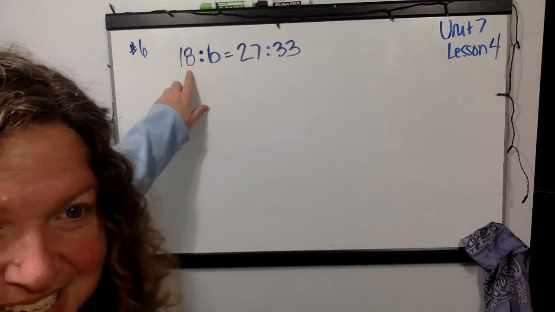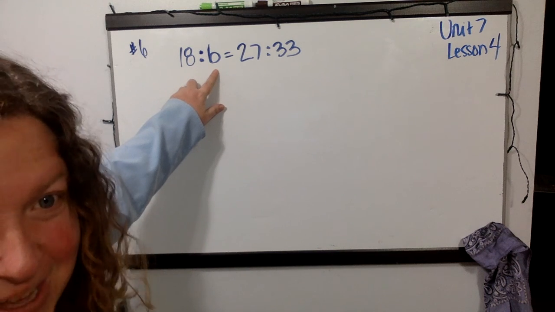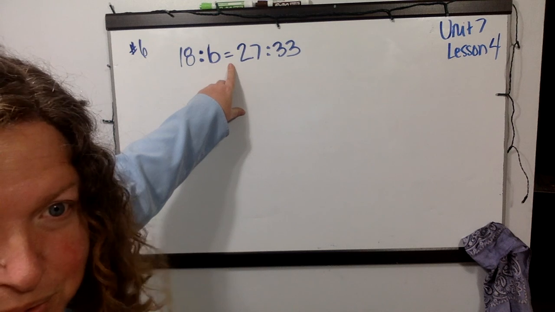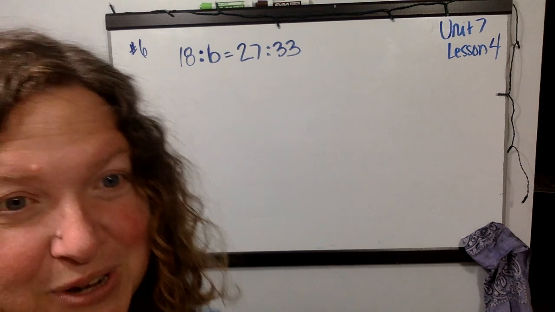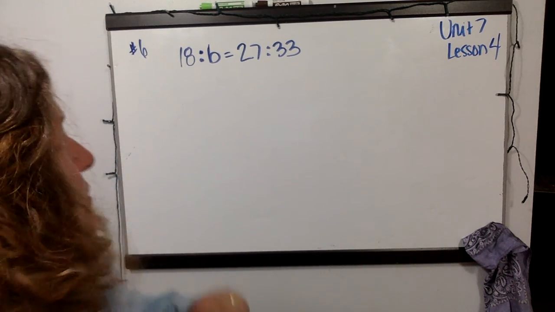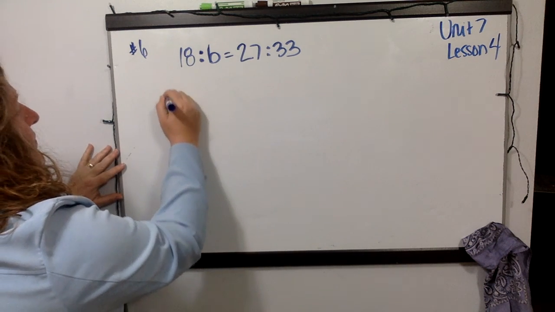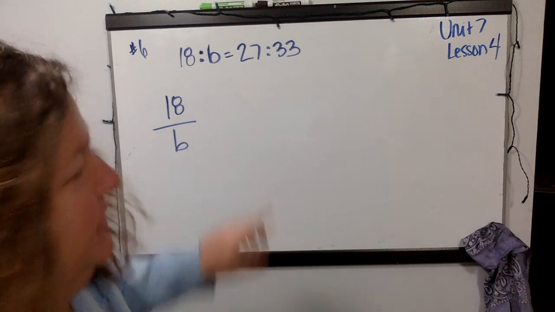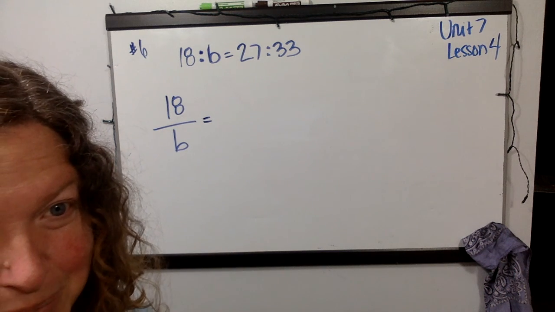We've got 18 to b, remember we read the colons as "to", just like a ratio. 18 to b is equivalent to 27 to 33. So we are going to have to set it up as a proportion, and we could set it up as a factor puzzle too. So 18 to b, how are we going to write that? 18 to b is equivalent to, now here's the tricky part.